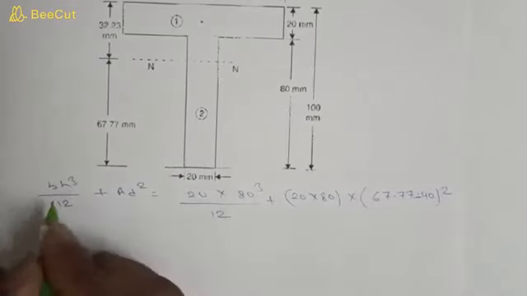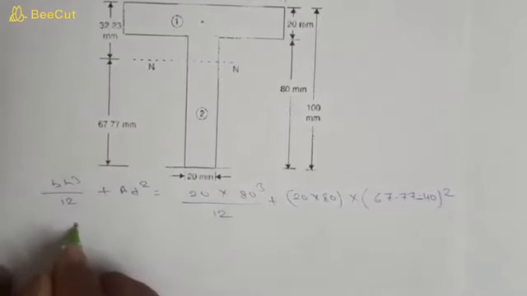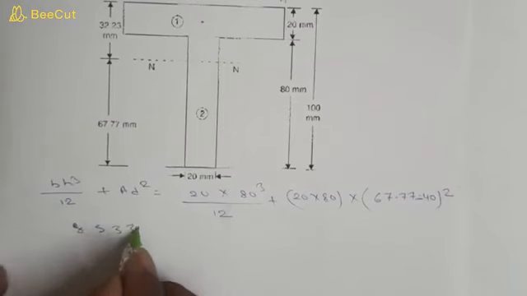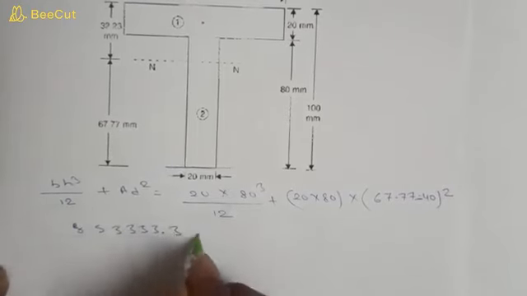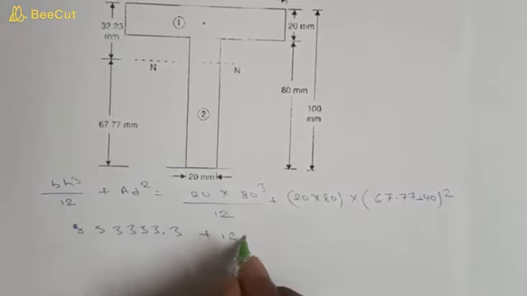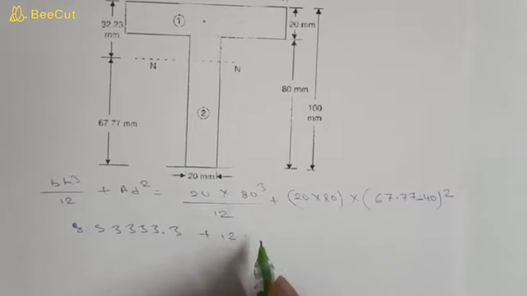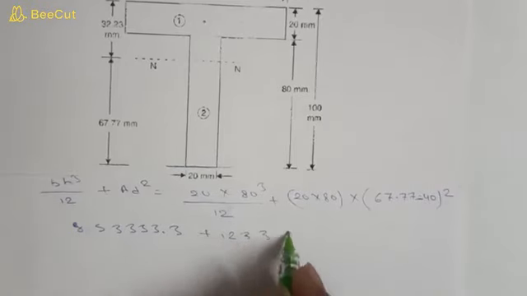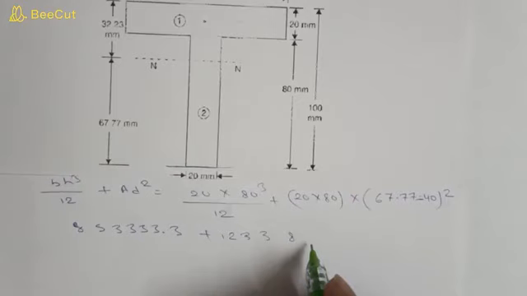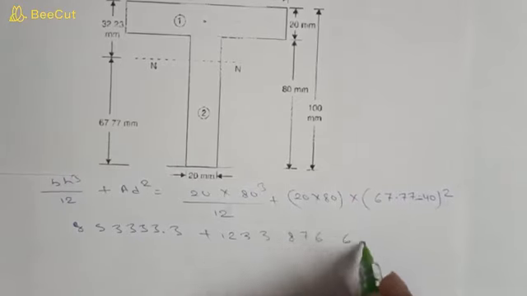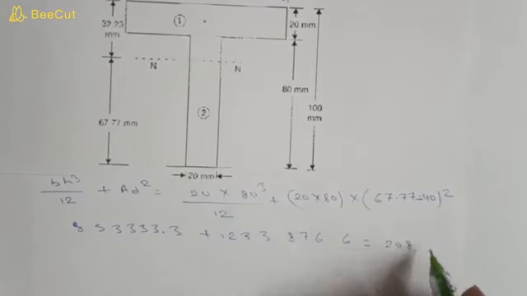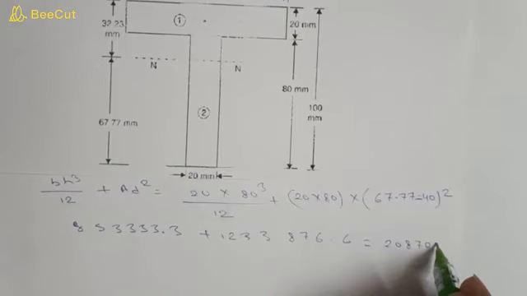So you will get 85333.3 plus 1,233,876.6, which is equal to 2,087,209.9 mm to the power 4.